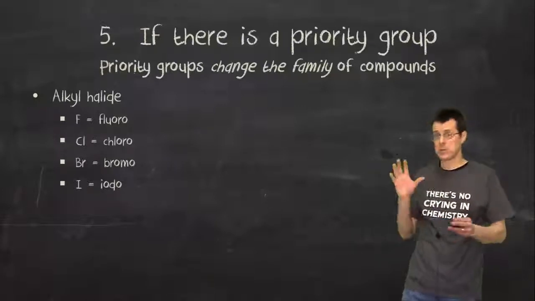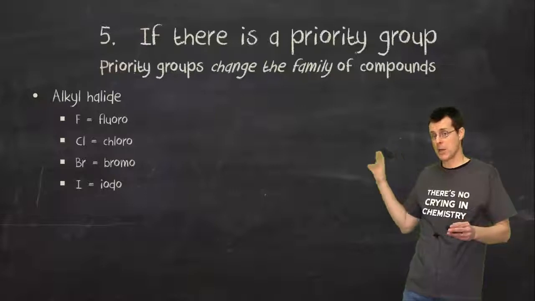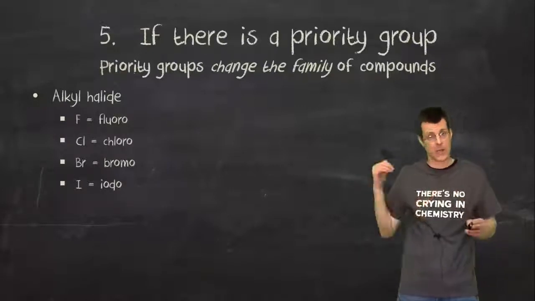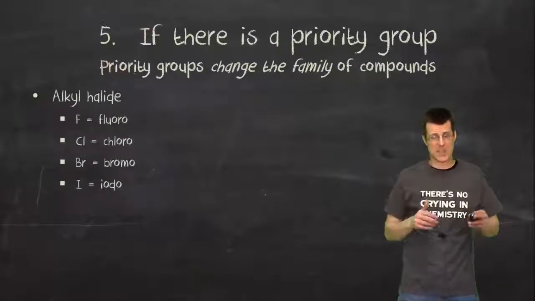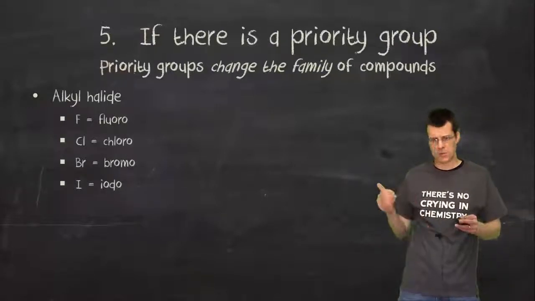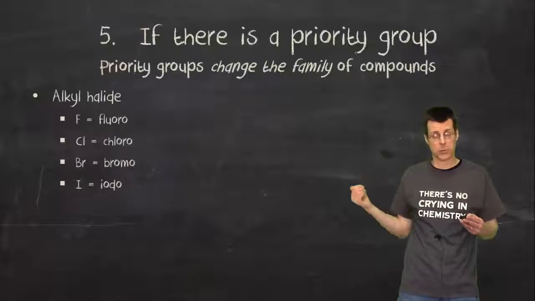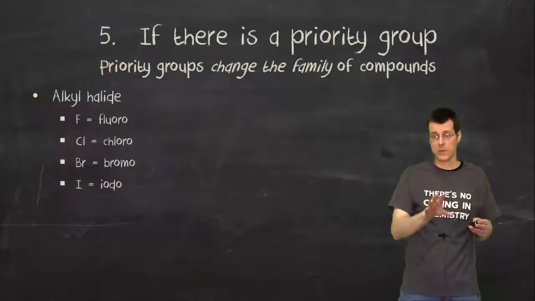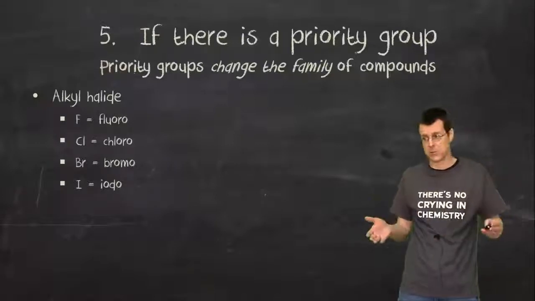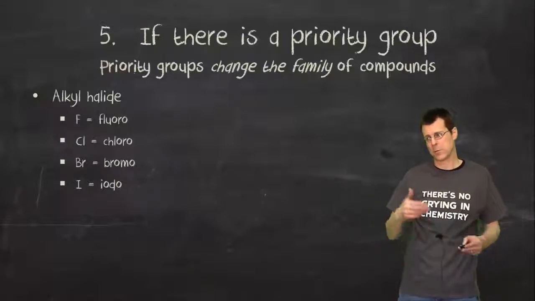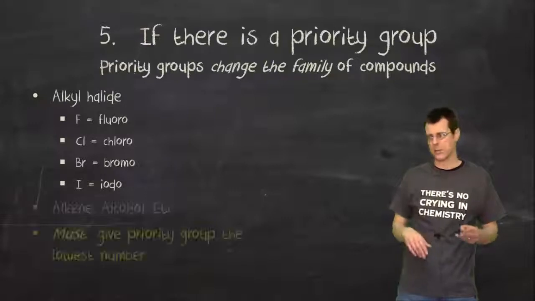We're not going to deal with double bonds when we're talking about alkanes, but we might have alkyl halides. So those are now the group names for those branches: fluoro, chloro, bromo, iodo, and they would follow the same alphabetical patterns as before. So now bromo would be your first group, followed by chloro, and so on. You can figure out the alphabet.